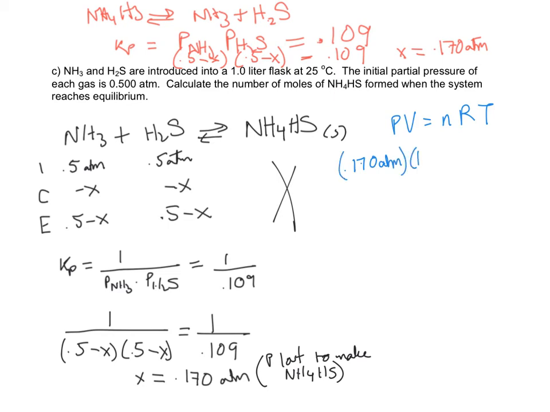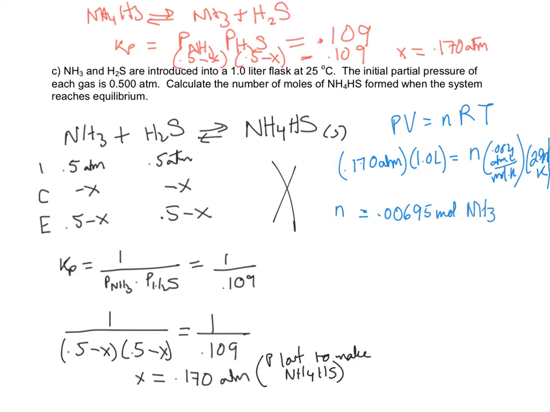It's a 1 liter container. N is what we're looking for. R is 0.0821 ATM times liters per mole Kelvin. And this is at 298 Kelvin. N is equal to 0.00695 moles.